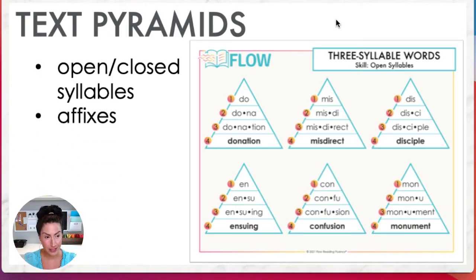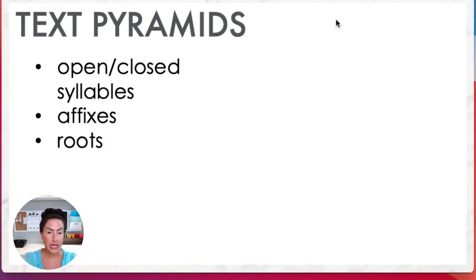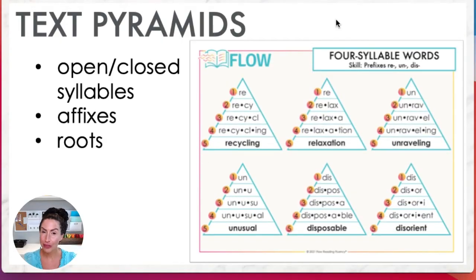You could use affixes. So if you're studying certain prefixes or suffixes, you can base these on that. And then you can also incorporate words from etymology. And because we don't just have 3-syllable words, you also will have a template for 4-syllable words. So you'll be able to do the exact same thing for the 4-syllable words.